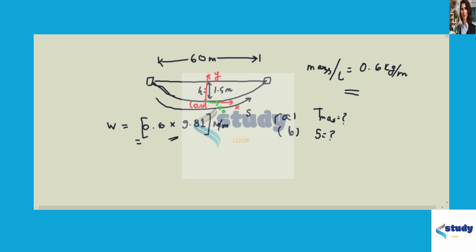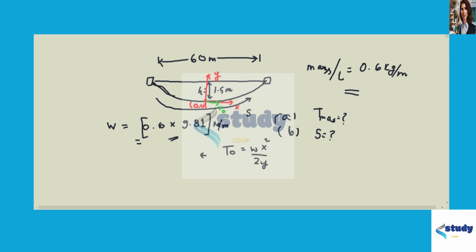And from our book we have a formula that this tension in the lowest part of the cable, T naught, is equal to w x squared over 2y.